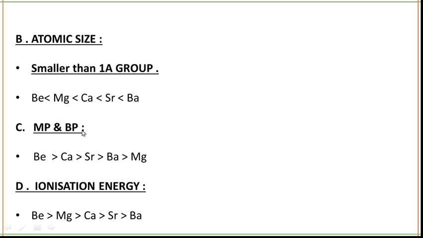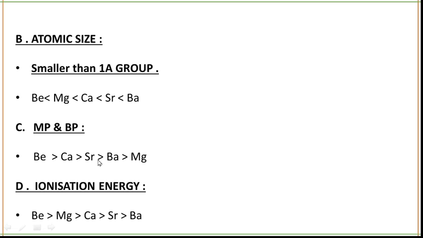From beryllium to magnesium, the melting and boiling points decrease. The melting and boiling points of calcium, strontium and barium are higher than magnesium because of the presence of d orbitals in the outermost shell, which form a stronger metallic bond. Also, melting and boiling point is directly proportional to the strength of the metallic bond.